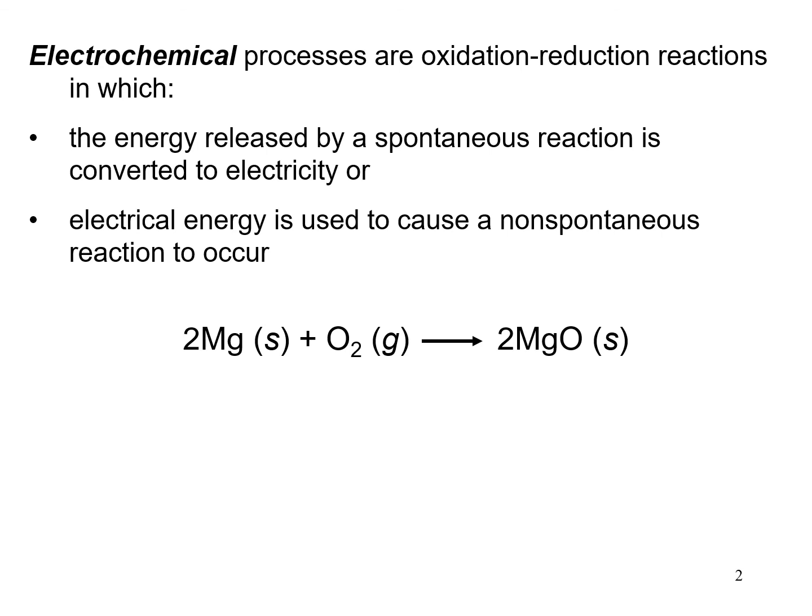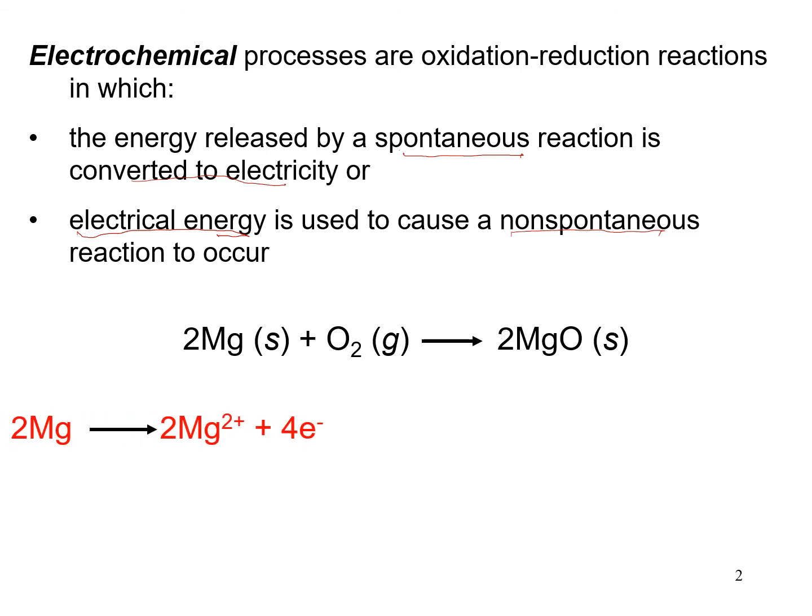They can be spontaneous or non-spontaneous. In a spontaneous reaction, energy will always be released and converted to electricity, meaning these reactions happen by themselves. We do not have to supply energy from outside. In a non-spontaneous reaction, energy has to be supplied from outside, and since these are electrochemical processes, that energy is usually electrical energy.